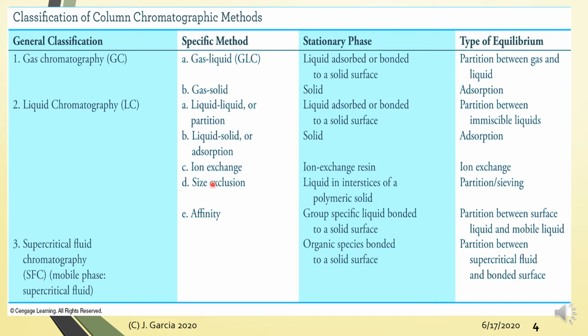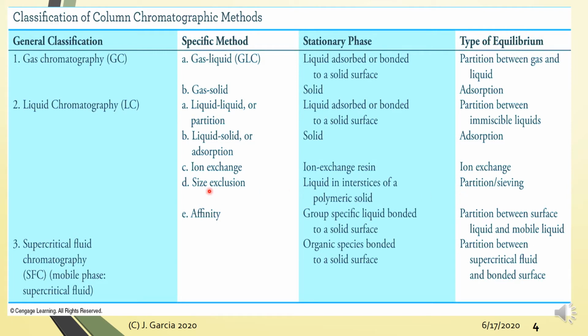Okay. Next, you have your size exclusion chromatography. All right. Basically, you have a polymeric solid, and the stationary phase is the liquid in the interstices of a polymeric solid. Okay. So basically, what you have here is sieving, partitioning or sieving.